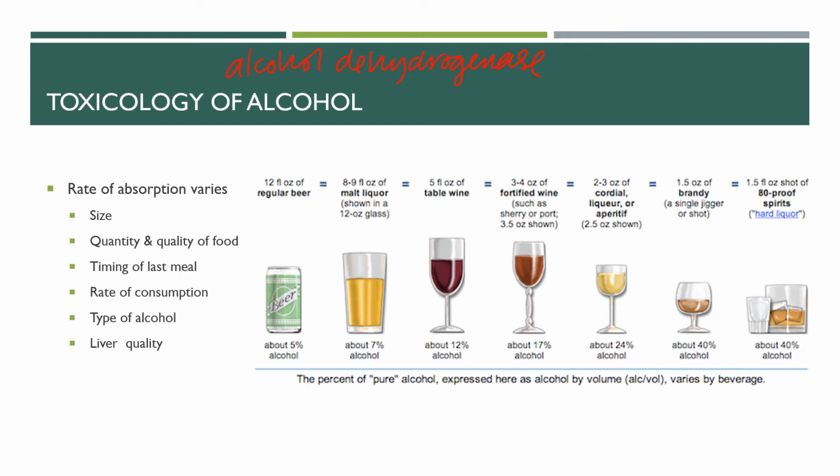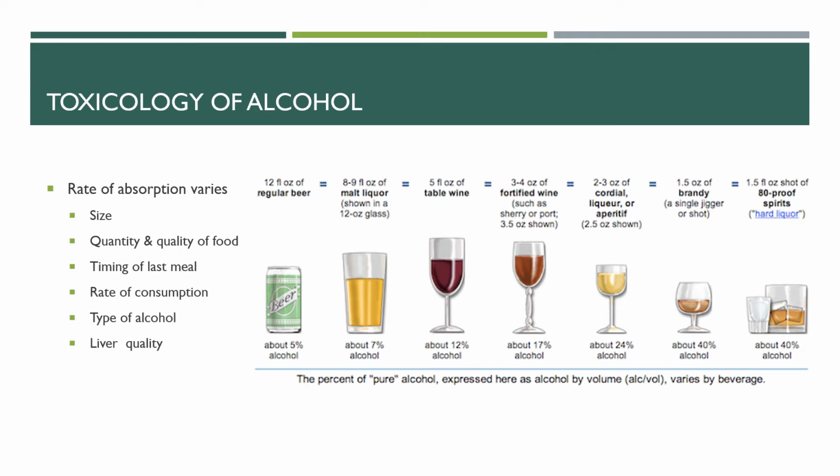The more damaged your liver is, the less of that you have, and the more of an impact any given drink will have on you, the longer it'll stay in your bloodstream. If you have hepatitis, and some people have hepatitis and don't know it yet, that reduces your liver function. It's a disease of the liver, and you're going to be more affected by alcohol.